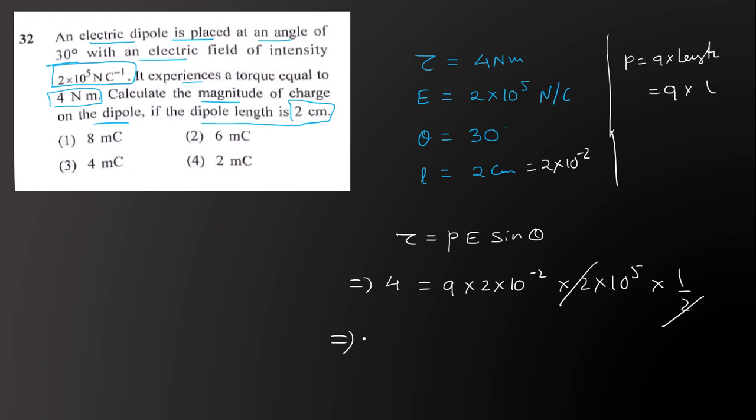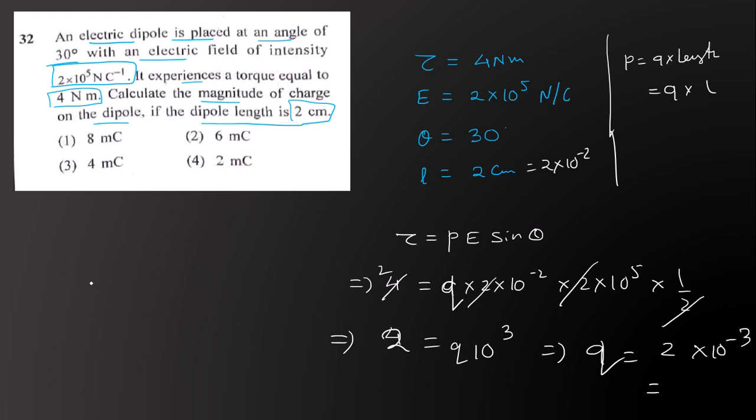So this is Q, and this will be equal to 2 into 10 power minus 3. So this is 2 millicoulomb, option 4.